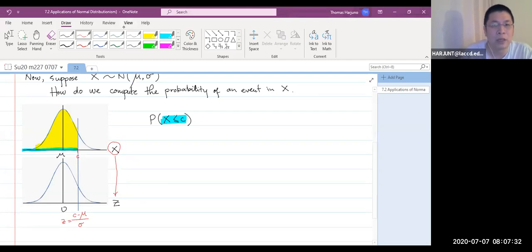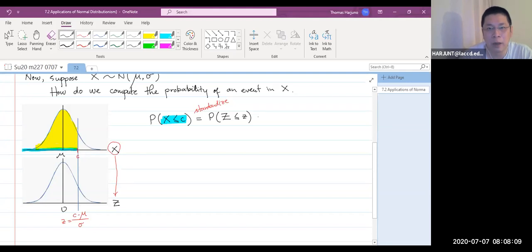So basically, from that non-standard normal distribution, I will standardize to the probability of Z in the standard normal distribution being less than or equal to the z-score.